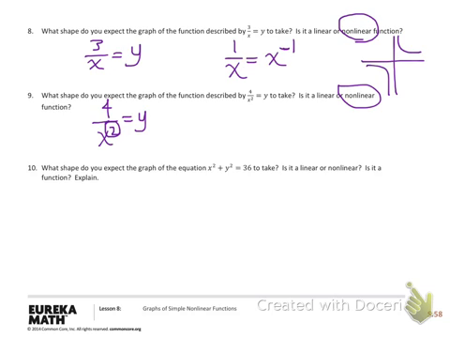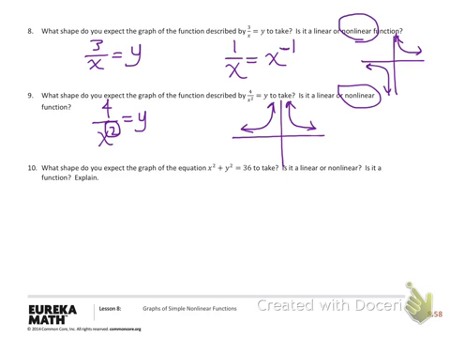This one looks something like this, has 2 parts, and graphs like that. Okay, so there's lots of graphs. You'll get in much more depth with these nonlinear types of equations in high school.